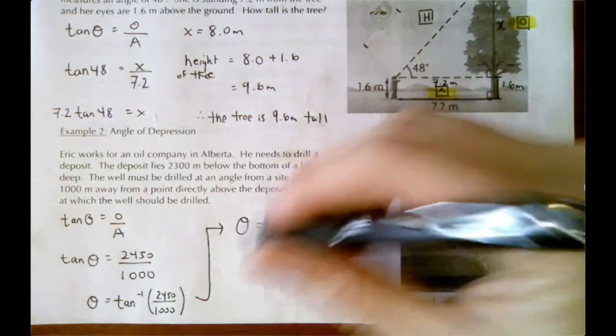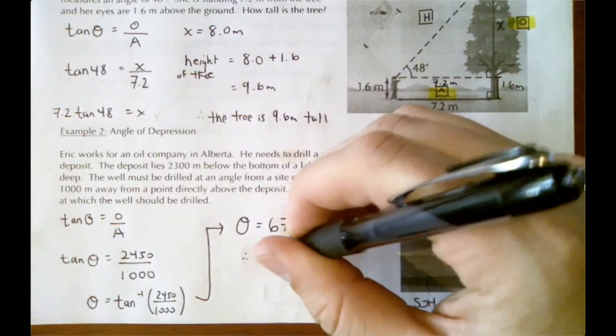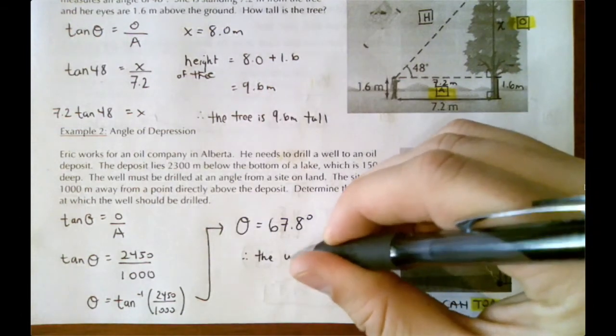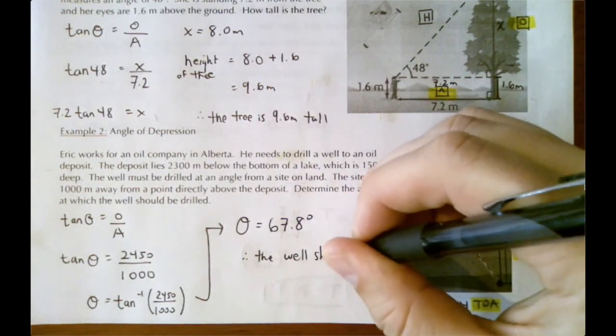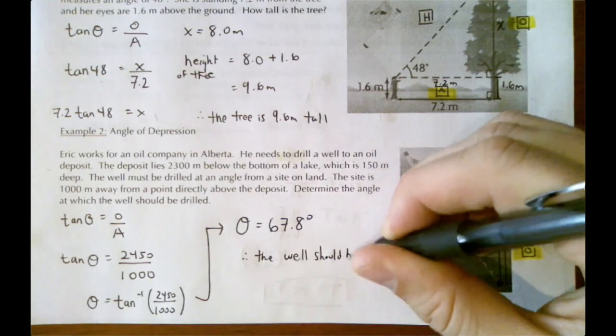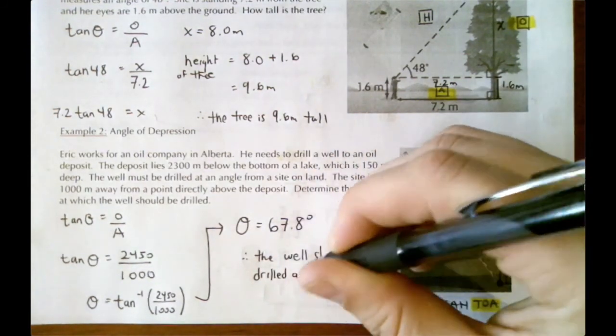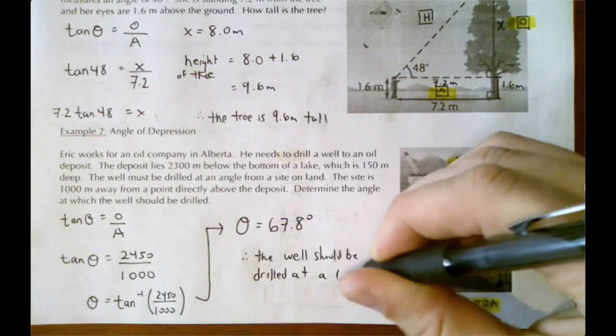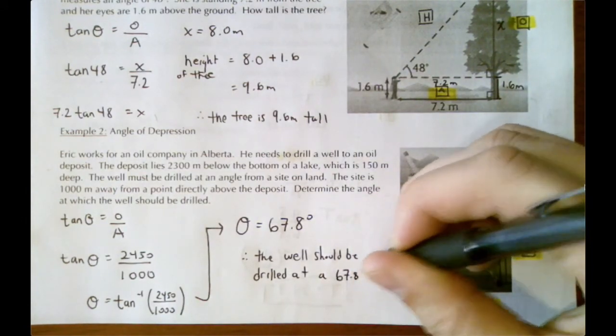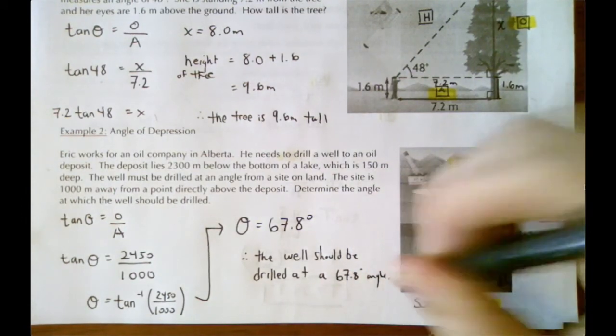So we should say, therefore, the well should be drilled at a 67.8 degree angle.